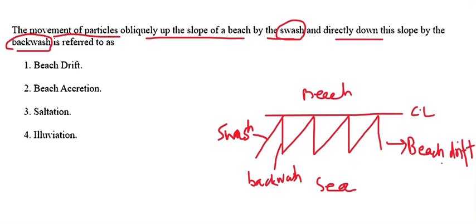Due to beach drift, the beaches are moved from one place to another, because the sand that is coming will come down, and again the sand is moving up, and again it is coming down, and in this way the beach sands are moved. So our answer is the first option, but there are three more terms, and we have to focus on those terms too.